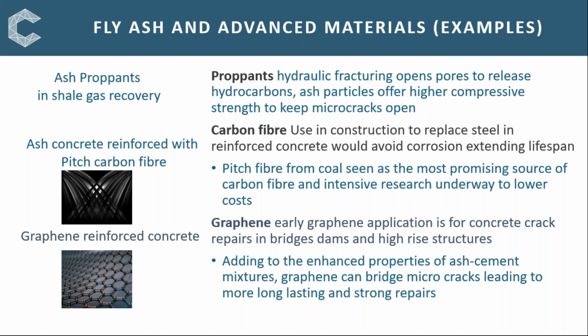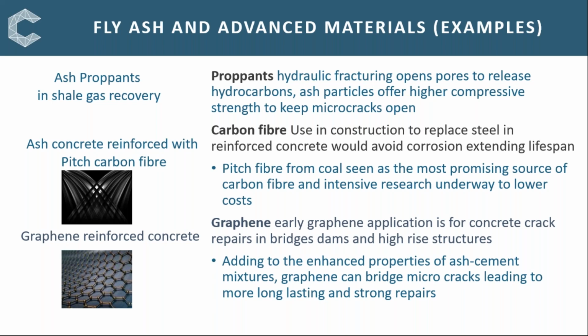Graphene operates at a smaller scale and has really been a research material until recently, but after a period of frenzy in patenting applications, it is now realizing commercial products. It acts at a small scale to prevent crack propagation. So graphene actually can bridge micro cracks in a structure, preventing them from expanding.